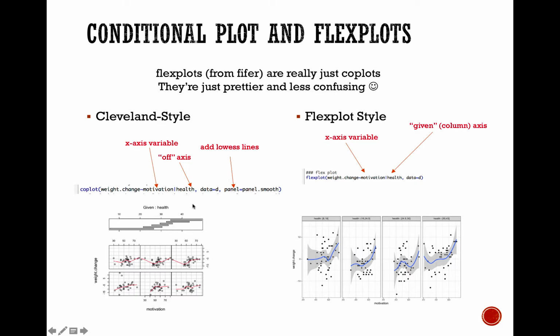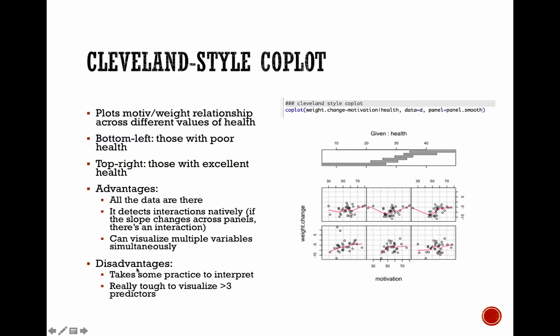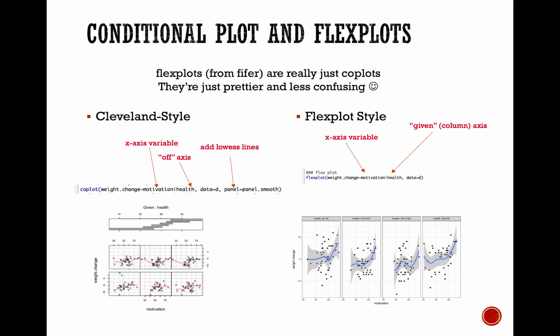And what that will do is it will basically bin health. And so how you read a Cleveland coplot: the bottom left shows you the lowest values of health. You can look up at this bar right here, and it tells you that the lowest values range from less than 10 to wherever that bar ends, so maybe 26, 27.